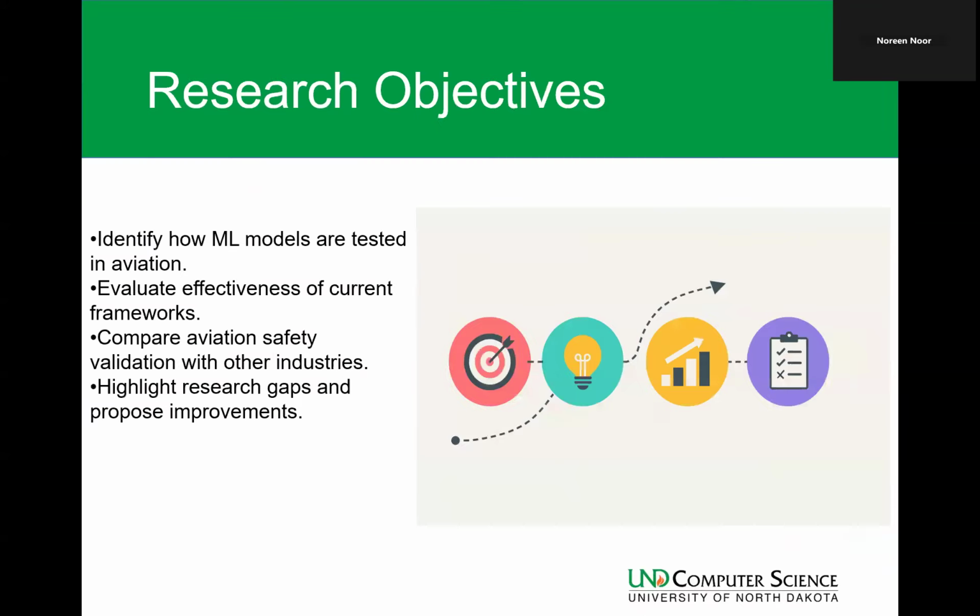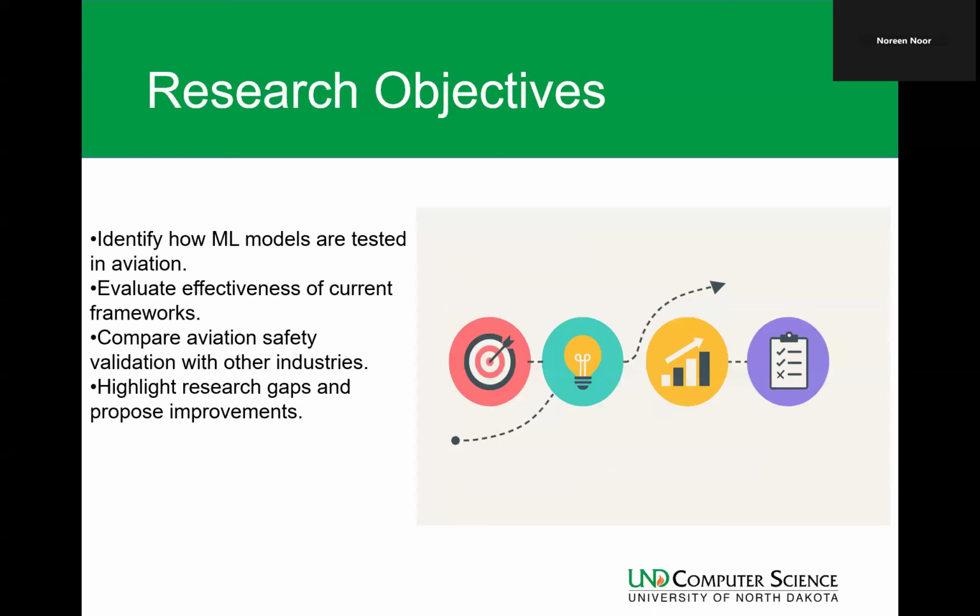So next we have research objectives. After understanding why machine learning testing in aviation is important, here are the main goals of my survey. The first one, I wanted to identify how machine learning models are actually being tested in aviation, what approaches are used, and what's missing. Next, I looked at how effective those testing frameworks really are.